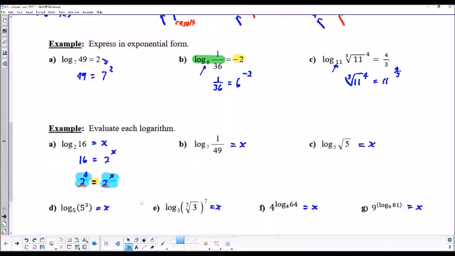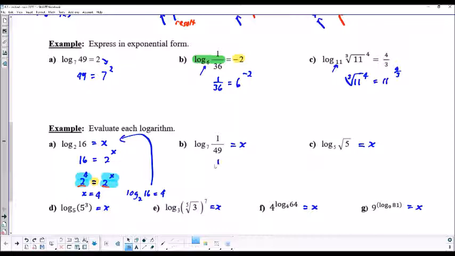So if the bases are the same, and we have equivalence, the left side equals the right side, then the only option left is that the exponents have to be equal. Therefore, x equals 4. Therefore, the logarithm of 16 to the base of 2 is 4. Okay, to answer this question up here.